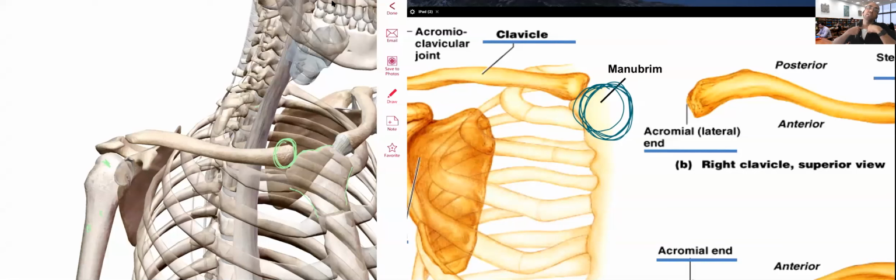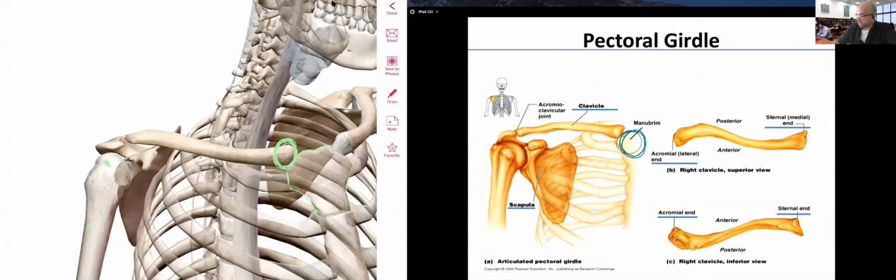So this end of the clavicle is called either the sternal end, because it articulates with the sternum, or the medial end. So either use sternal end or medial end.